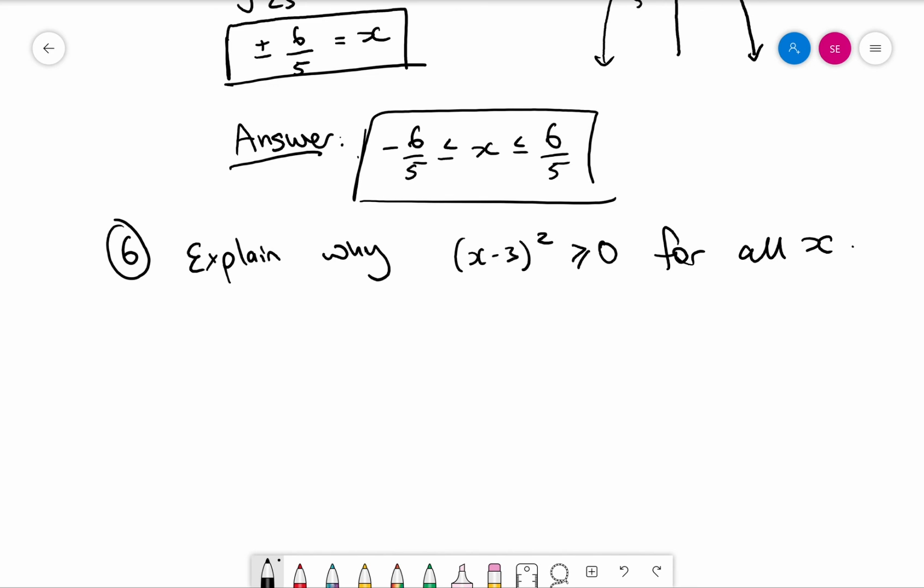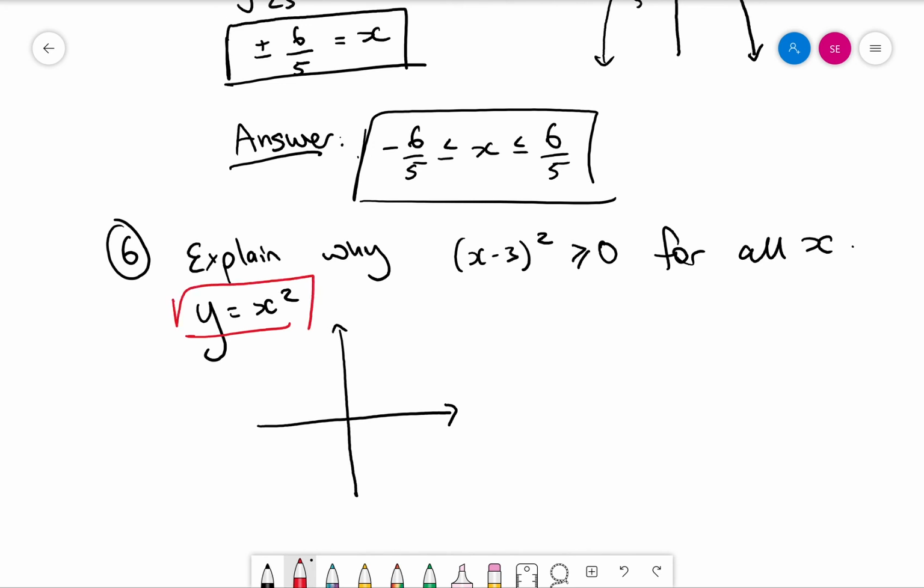So say we had y is equal to x squared. That would look like this, and we'll graph it in red, just like this. But if we have y is equal to x minus 3 squared, we graph that in green.